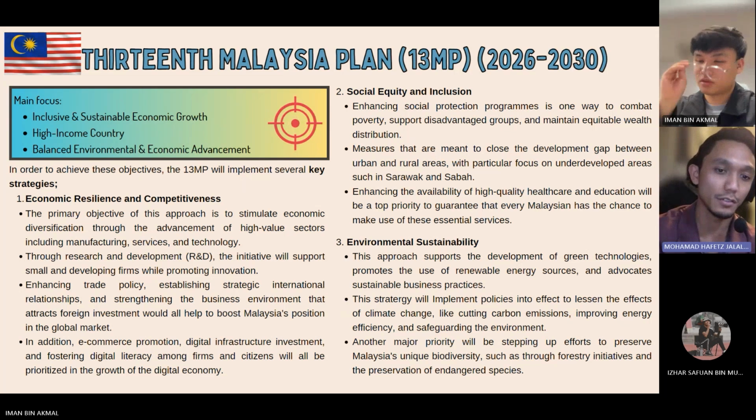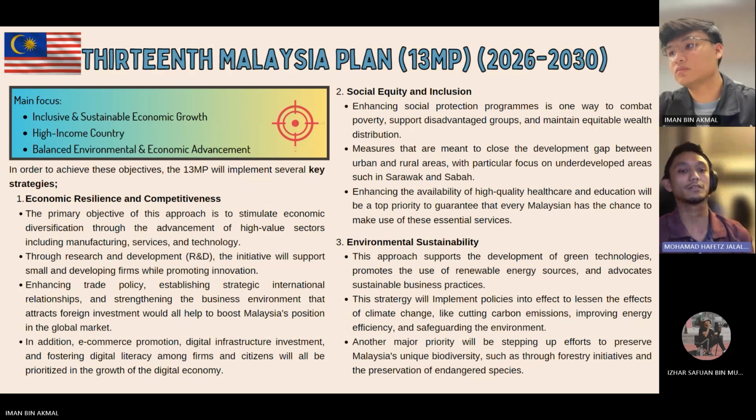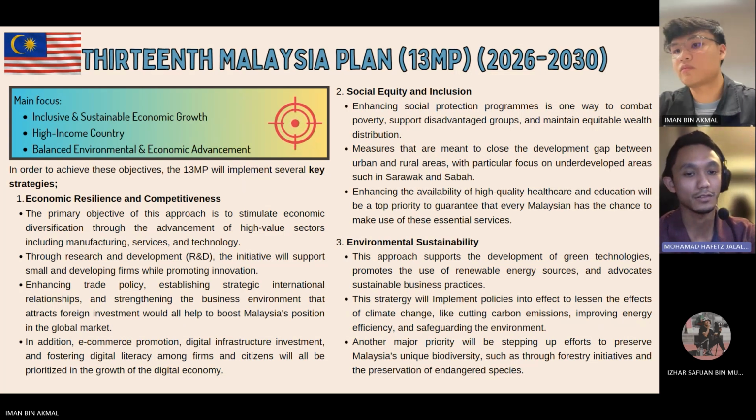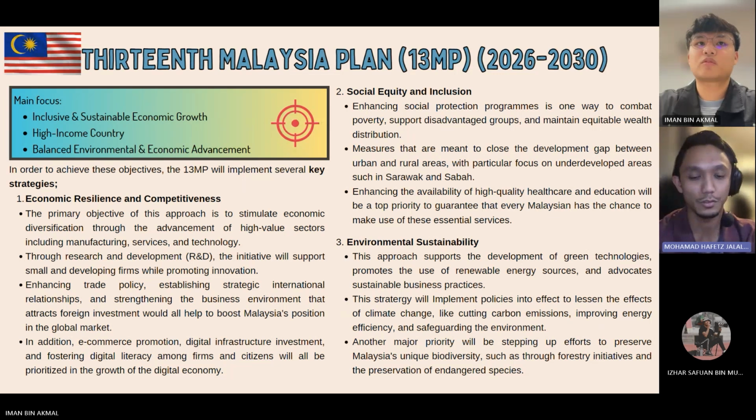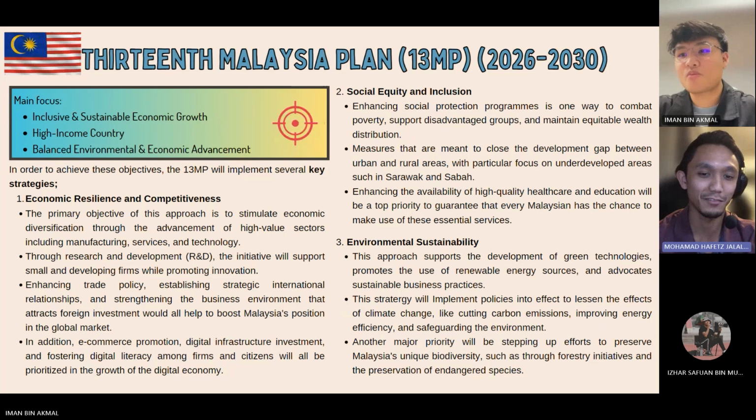In order to achieve these objectives, the 13th Malaysian Plan will implement several key strategies. The first strategy is economic resilience and competitiveness. The primary objective of this approach is to stimulate economic diversification through the advancement of high-value sectors, including manufacturing, services, and technology.